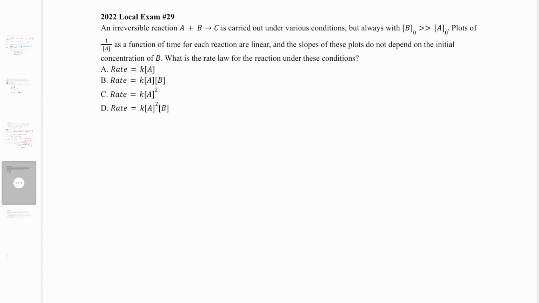Alright, the first piece of information that we're given is the fact that the plot of 1 over the concentration of A as a function of time is linear. The fact that it's linear tells you that this is a second order reaction. So the reciprocal of the concentration of A over time is linear, and it's going to be a positive slope.